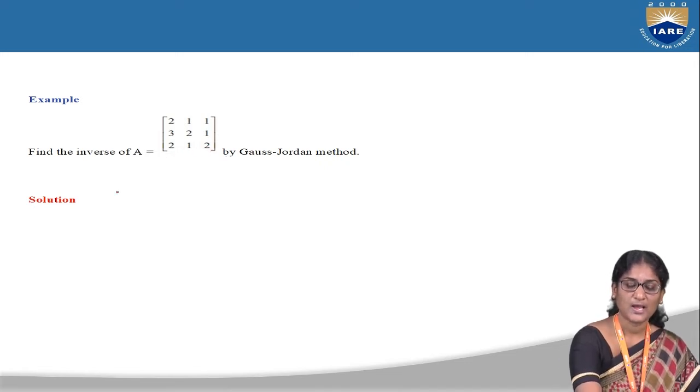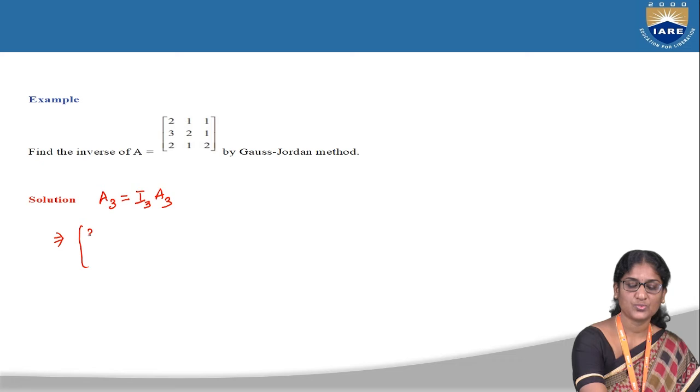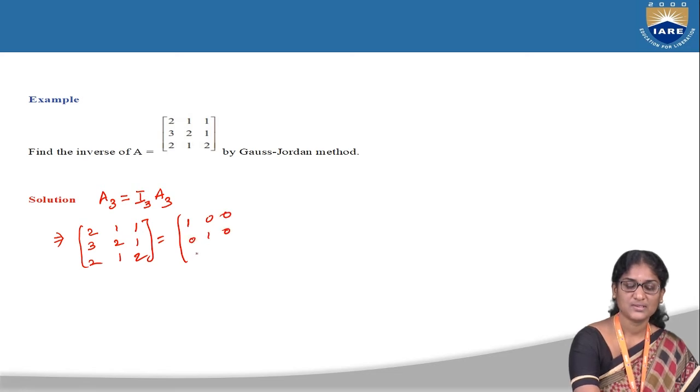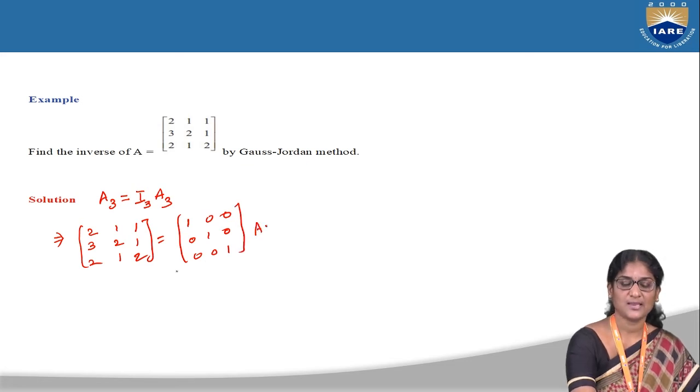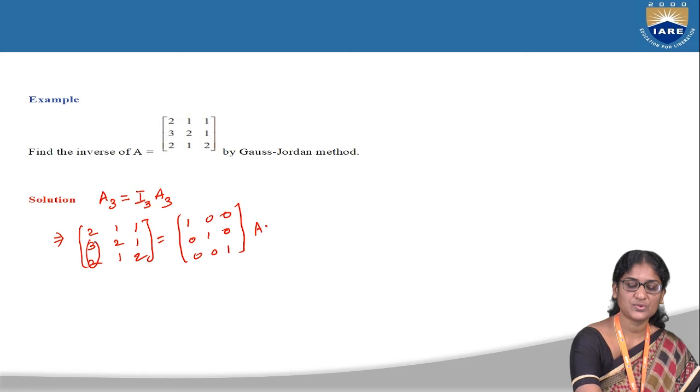Let's suppose A = I3 into A. So it can be written as 2 1 1, 3 2 1, 2 1 2 equal to 1 0 0, 0 1 0, 0 0 1, into matrix A.